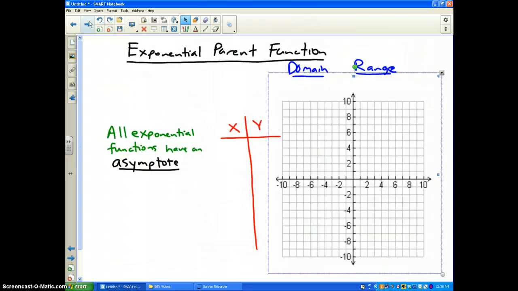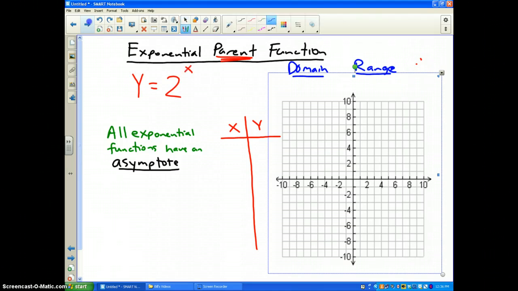Now, as we have all year long, let's talk about the parent function. Now, exponential functions have lots of parent functions. But the one we're going to talk about is going to be y equals 2 to the x power.